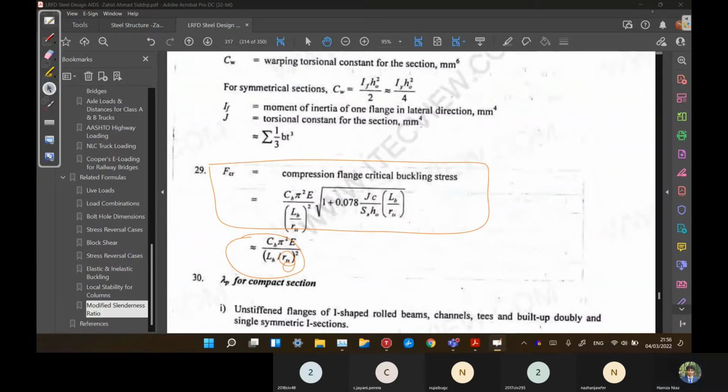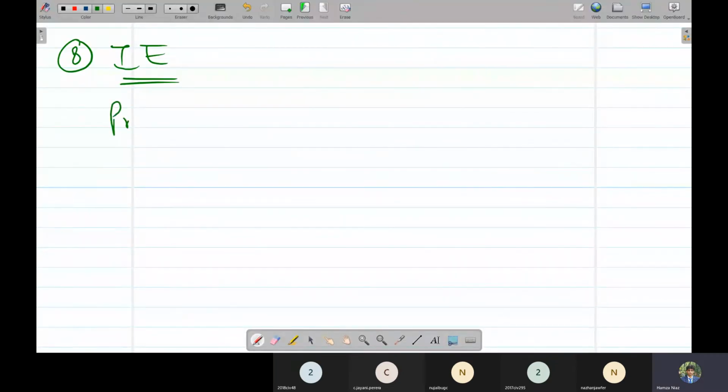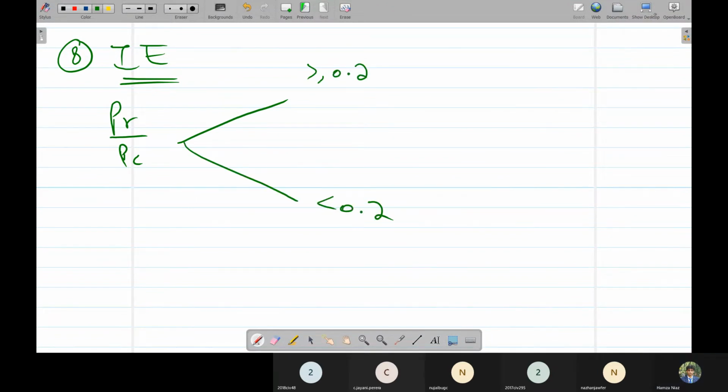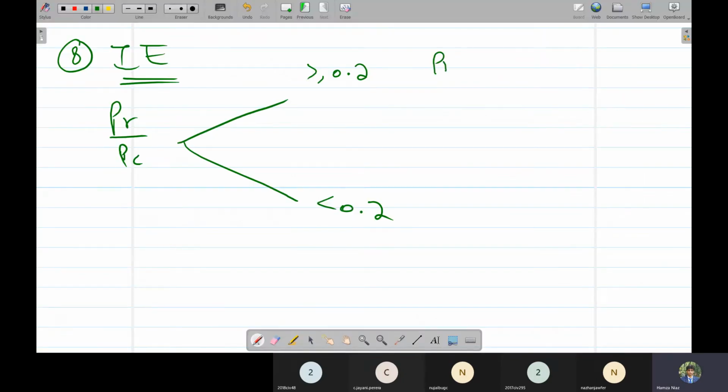Now we have all the values. Last, we have to just apply the interaction equation, which is also given here. First we calculate Pr over Pc. If this is greater than or equal to 0.2, we are going to use this formula: Pr over Pc plus 8 over 9 times Mrx over Mcx plus Mry over Mcy.